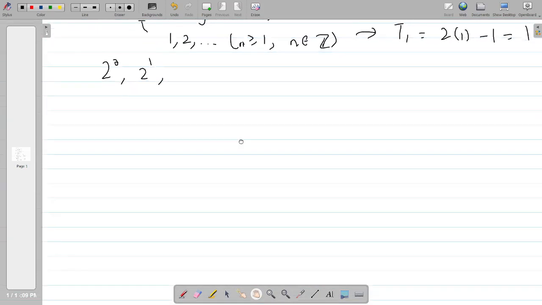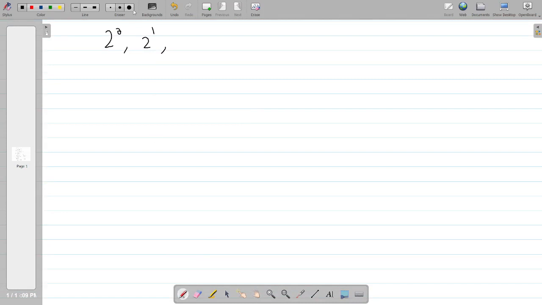All right. Now for this powers of 2 sequence, we can simply notice that the pattern is that the power is going to increase by 1 each time. But what is the Tn in this case? Well, the nth term is going to be 2 to the power of something. But that something is not exactly n, because this is the first term, this is the second term, this is the third term, this is the fourth term.